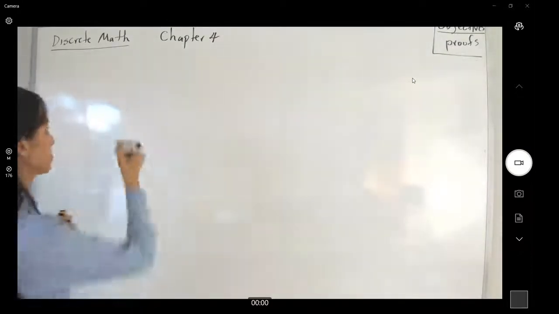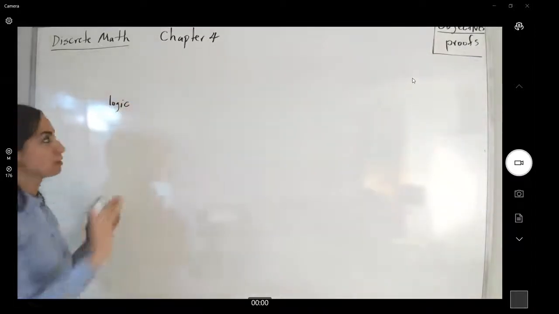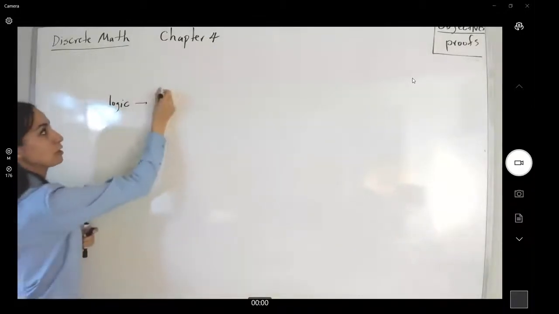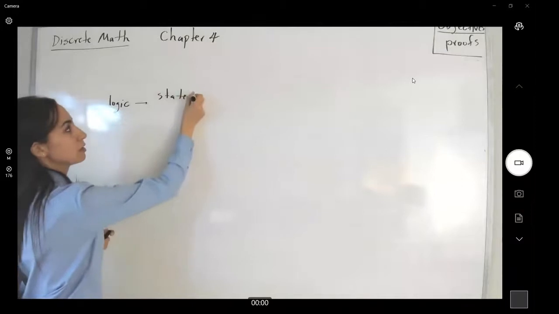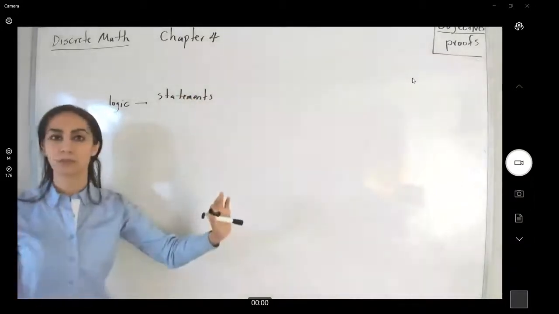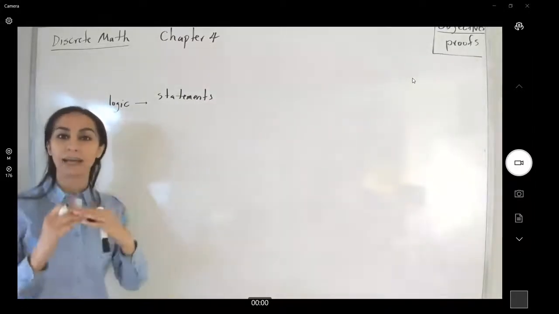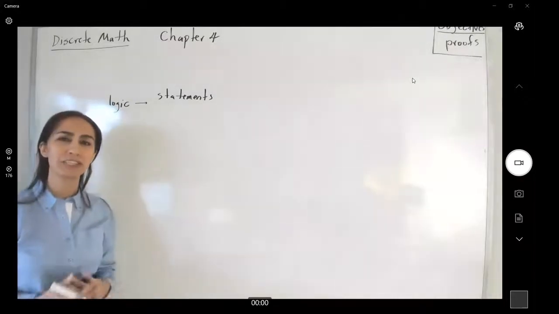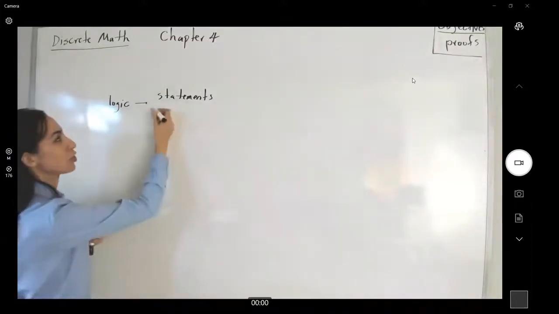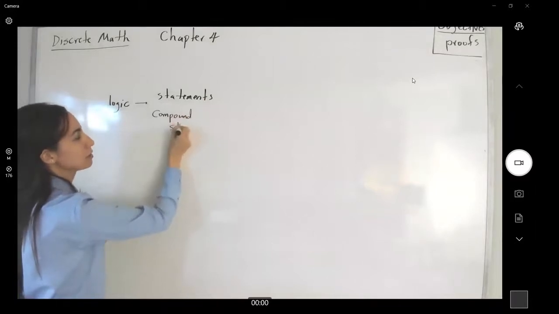We need mathematical logic in the heart of those fundamentals. Logic helps us to define statements, which are declarations, true, false. We use and, or, negation, implication, biconditional to form compound statements.